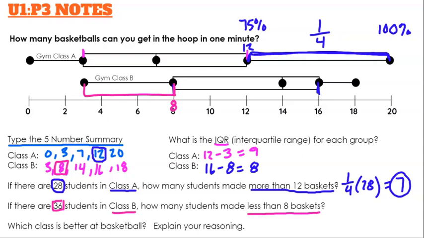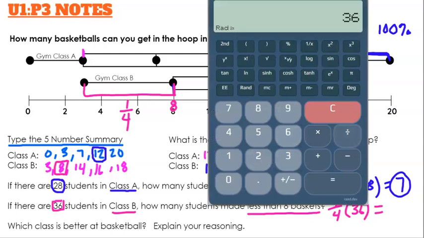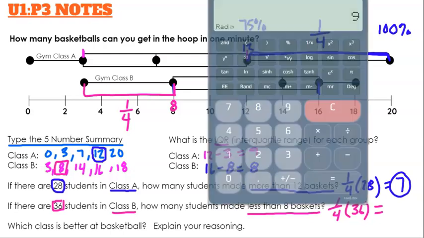So again, still that lower quartile, which is going to be 1/4 of the data, because we're in that first chunk of the data. So we can say that 1/4 of 36 students would have made less than 8 baskets. So we can do 36 divided by 4, which gives us 9.